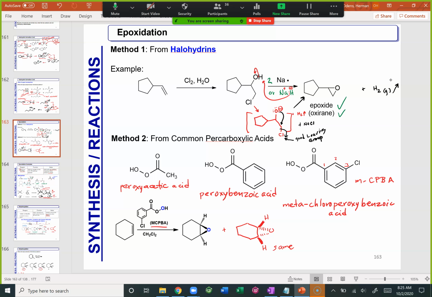Notice that this was the original way they made these things. The first type of reactions that were made were like that. And because on a halohydrin you have a nucleophile and an electrophile together, if the molecule can, it will make a cyclic molecule.